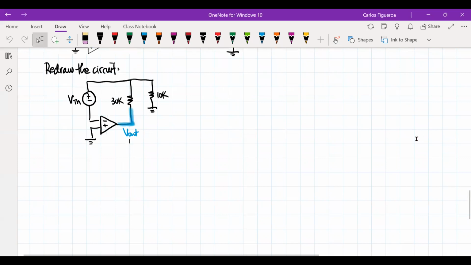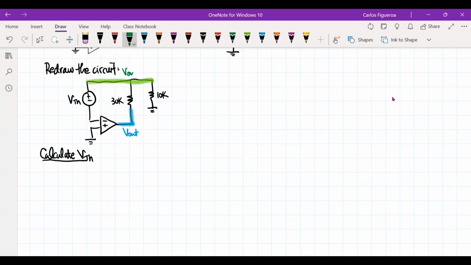So what I need to do is calculate VTH. If I calculate VTH, what am I really seeing here? Well, I have my green. If I label my nodes again, there's that vout.